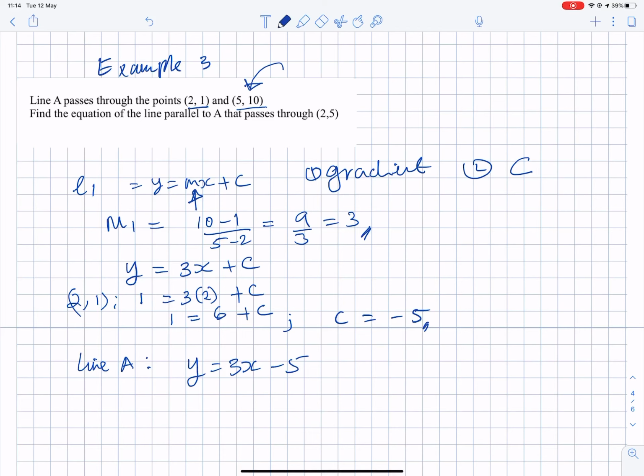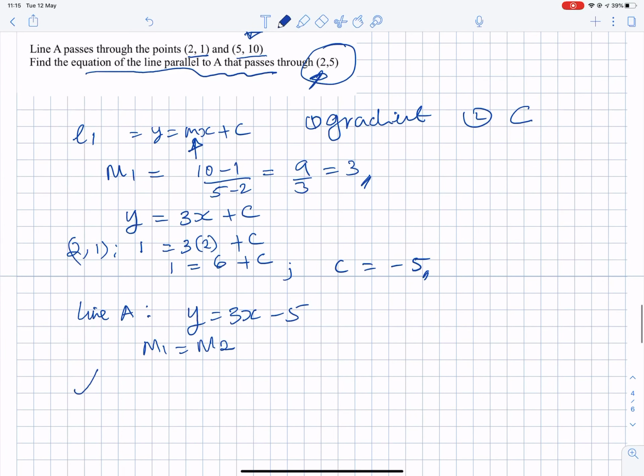Now I need to find the equation of the line that is parallel to A, and this particular line is going through this point (2, 5). Right, so what is the same about parallel lines? Gradient. So that means m1 is going to be the same as m2. So my line 2 is going to be in this kind of form, 3x plus c. They have to have different y-intercepts, otherwise they will be the same line.